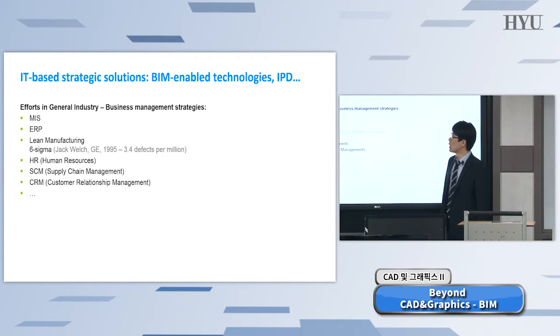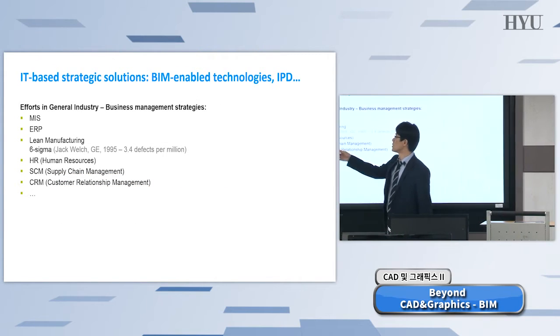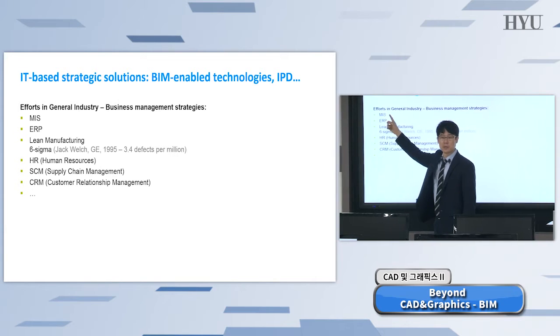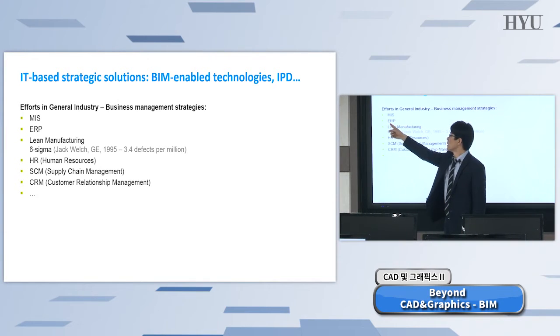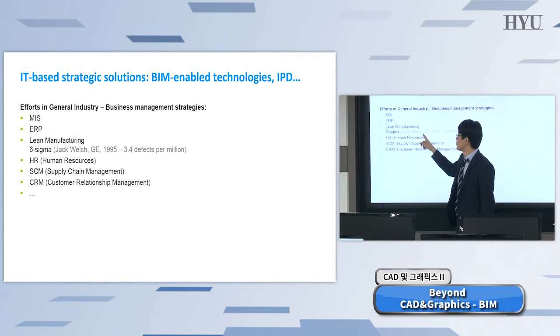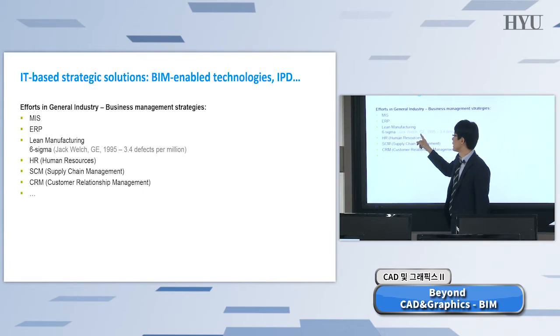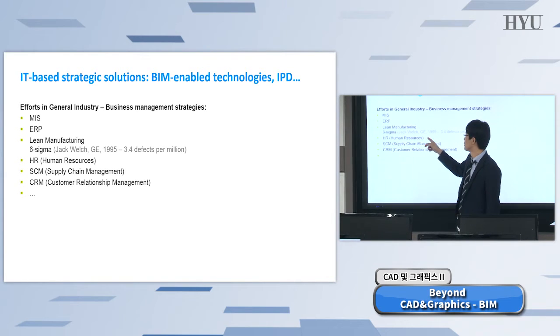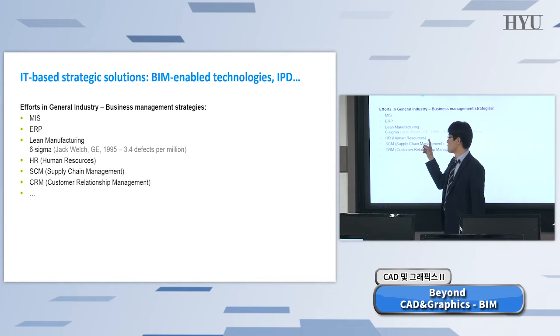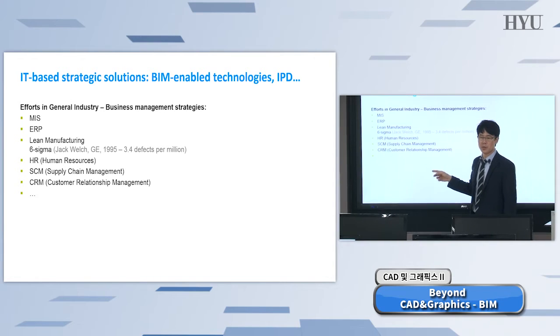So let's take a look at those terms. MIS, Management Information System; ERP, Enterprise Resource Planning; Lean Manufacturing; Six Sigma. You may have heard the name Jack Welch, the president of GE; and human resources, supply chain management, customer relationship management, and so on.